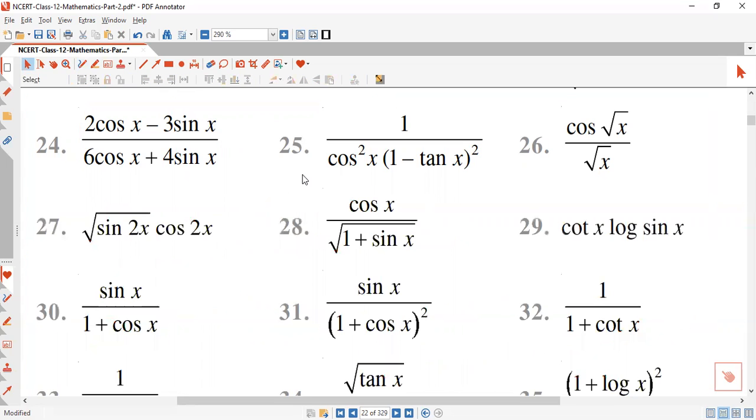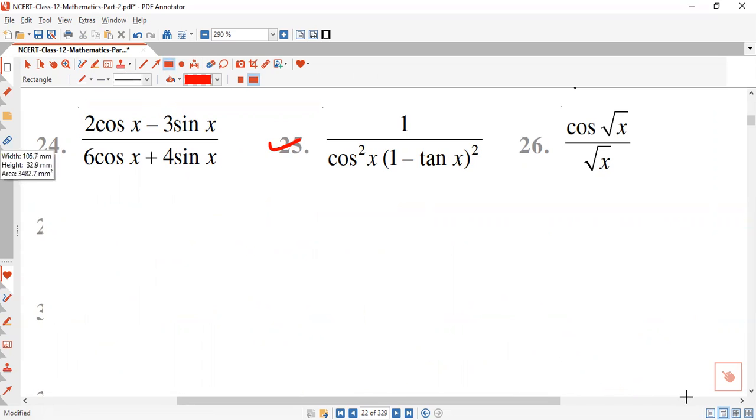Now we want to do question number 25. This question says 1 upon cos square x multiplied by 1 minus tan x whole square. We have to take some substitution.